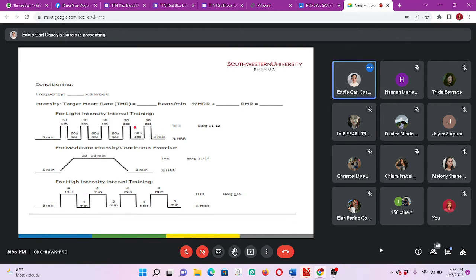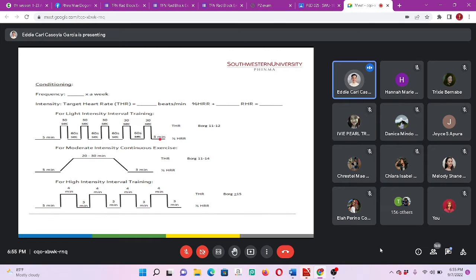So next would be the reason why you need to know your heart rate at high interval and low interval. Okay, so here's why. So for the 5 minutes, class, I hope you can see the red color from the laser. So on this lower part, 5 minutes, 60 seconds, 66, 66, 60, and then 3 minutes.